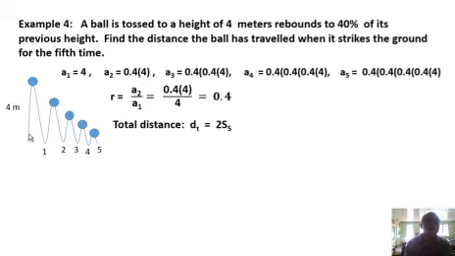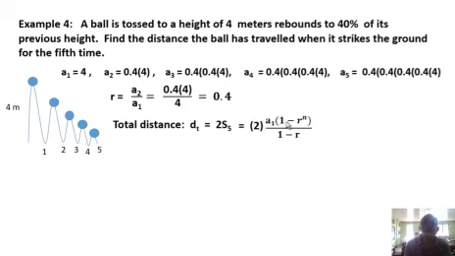So we are going to multiply the summation of the geometric series by 2 to get the total distance. So the sum of a geometric series is equal to a sub 1 times quantity 1 minus r to the n over 1 minus r.